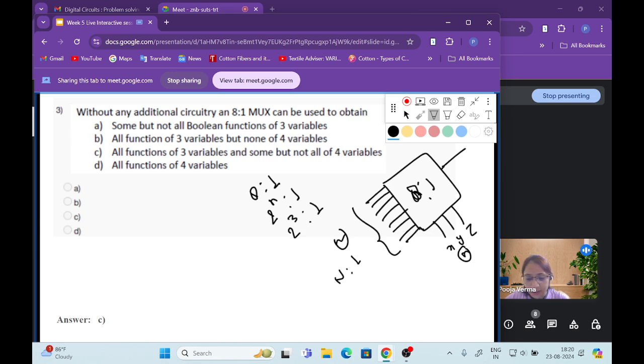So a multiplexer with n data select inputs can implement any function of n variables, that means 3 variables, and some functions of n plus 1 variables. So n plus 1 means 3 plus 1, some of 4 variables. So all functions of 3 variables and some but not all of 4 variables. Option C is the correct answer for this question.